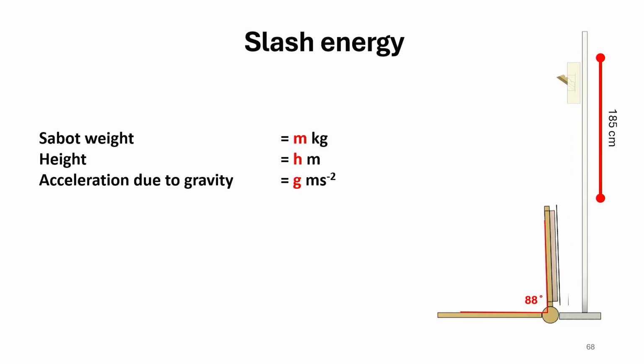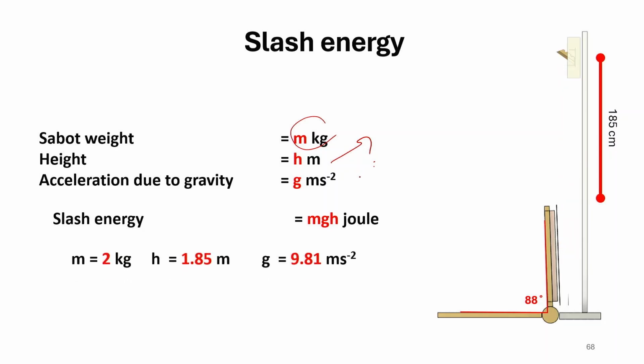From there we can calculate the required sabot energy. If we know the required sabot energy and the mass, for a fixed mass we can calculate the height required to apply a certain energy. In any standard the energy will be fixed. So, slash energy is mgh.